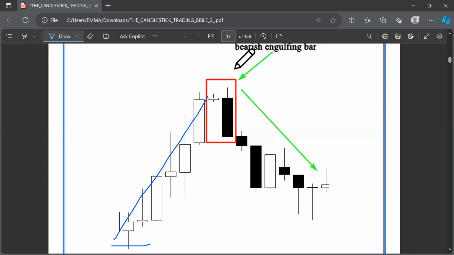Now, bear in mind, I was saying that where it is formed is very important. So it means that this particular pattern could even be formed here, anywhere here, anywhere actually here. But it may not have that effect of pulling the market down.